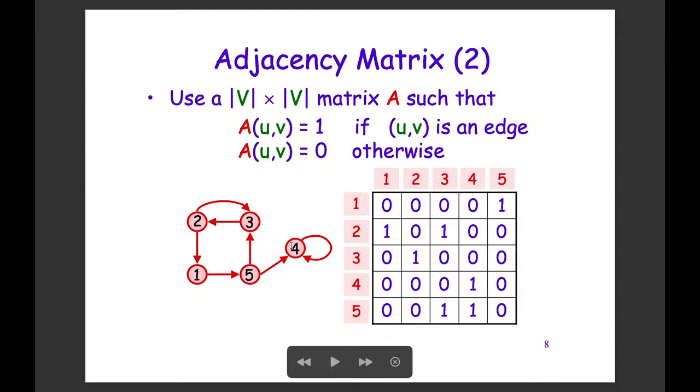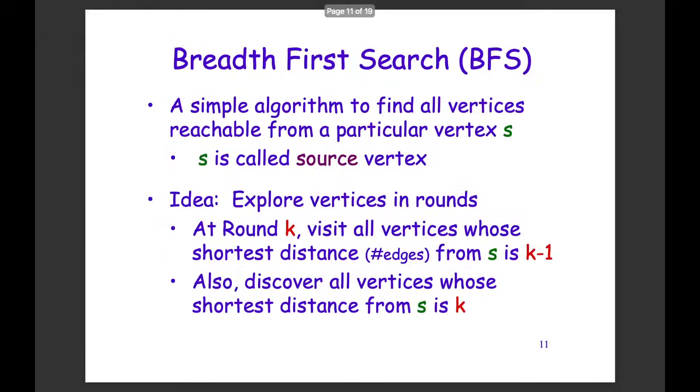So this is the target of the problem that we want to solve, and BFS is one of the algorithms for solving this problem. Today we will talk about BFS, and next week we will talk about another algorithm that does the same thing but uses a different strategy.